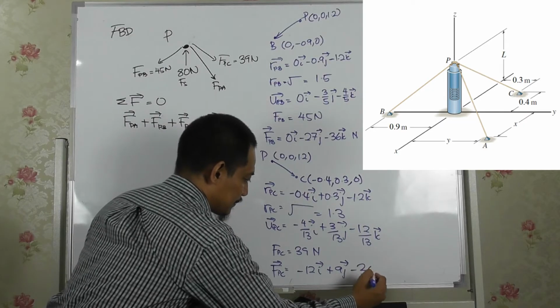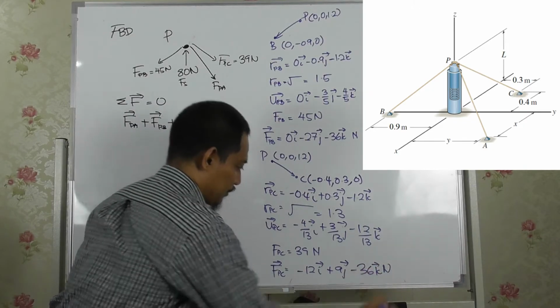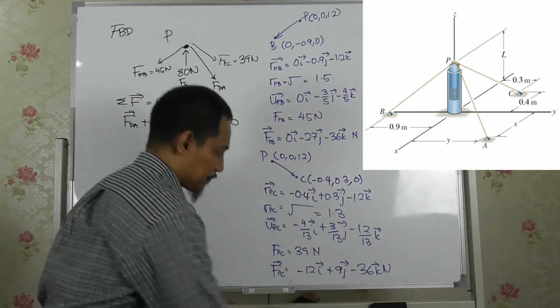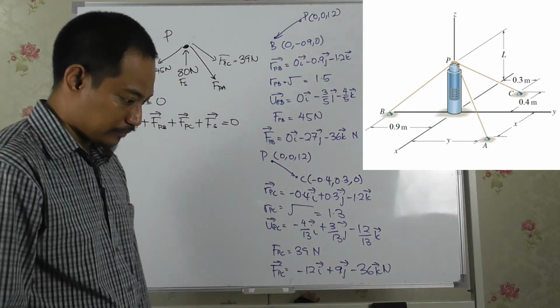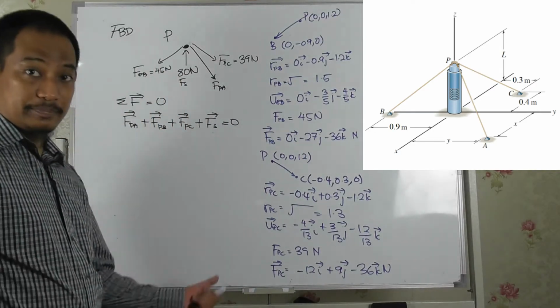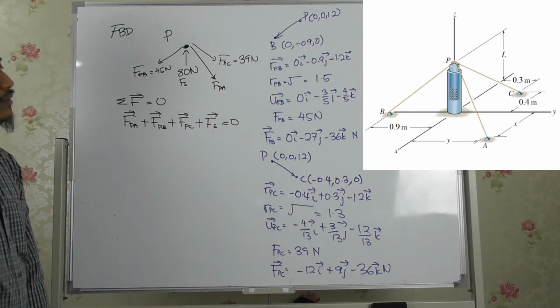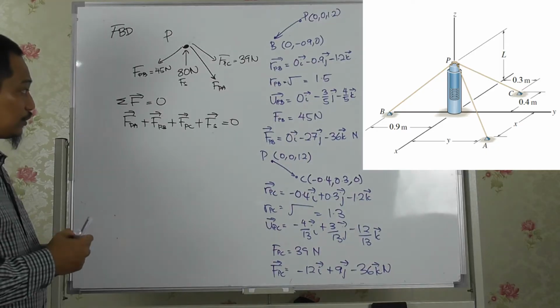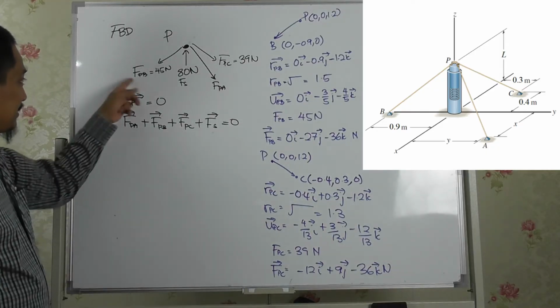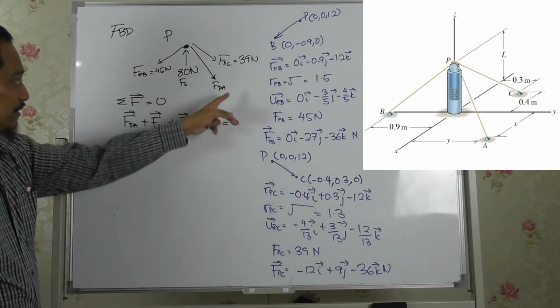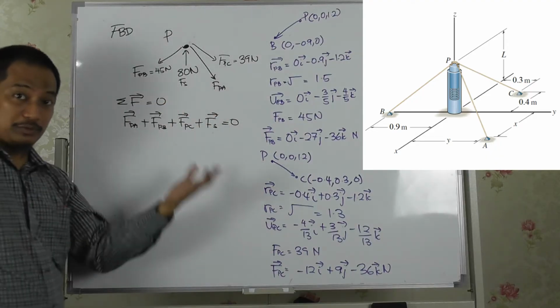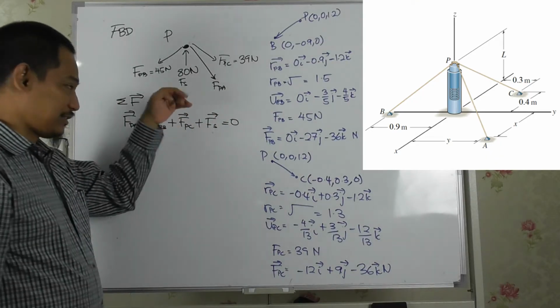Minus 36k Newton. So that is basically what we have done in chapter 2, right? We have expressed FPB and FPC. For FPA, we just use unknowns because we do not know yet. FS is just downwards, right?